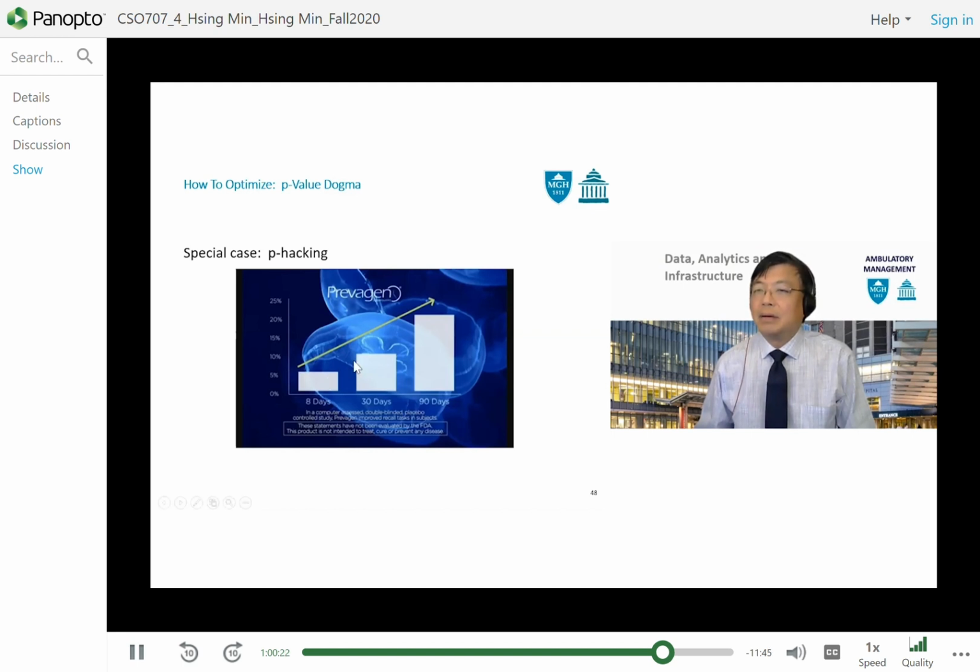You have a pattern of improved outcomes with increasing treatment length, but not for the 60-day level. They threw it out. So that's picking and choosing based on p-values: p-hacking.